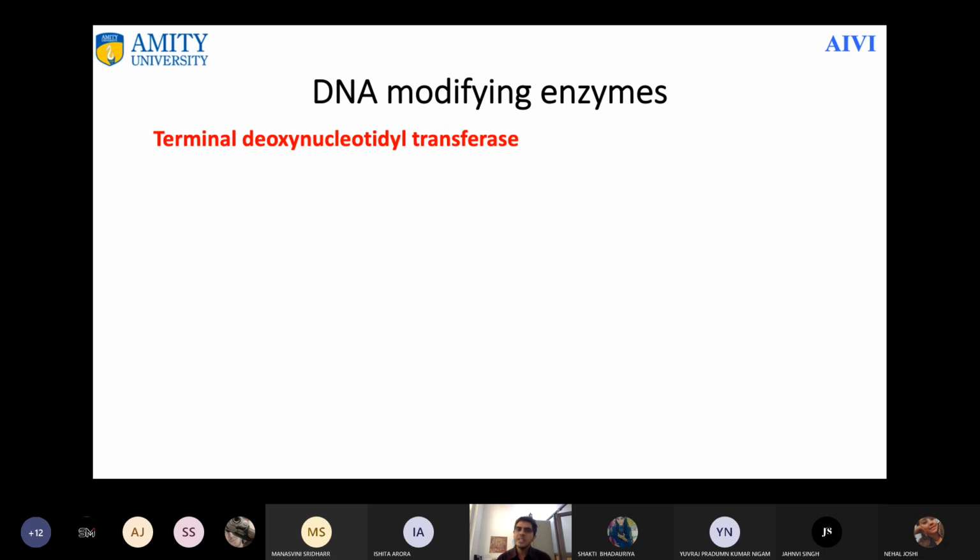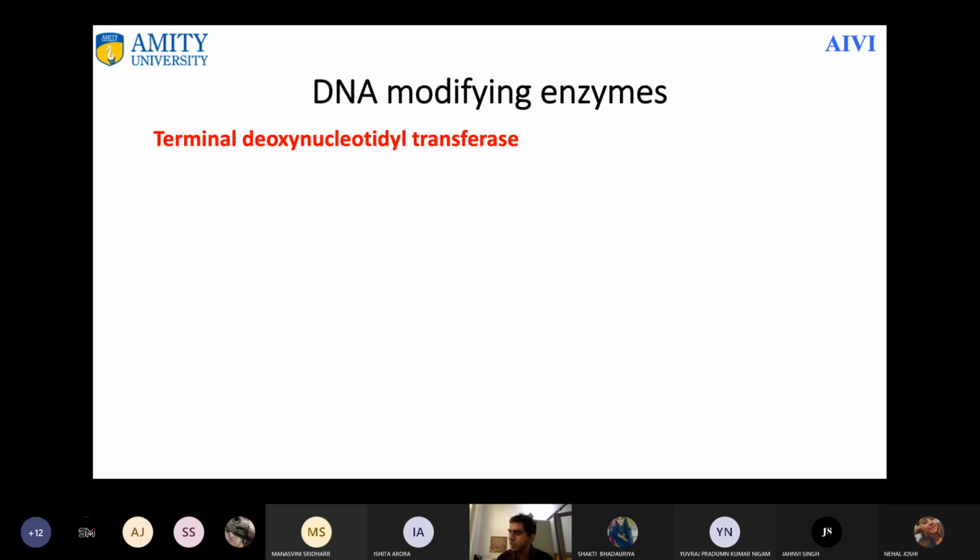The next enzyme for modification is called the terminal deoxynucleotidyl transferase. If you read the name, one part is terminal. In your DNA, there are two termini: one is the 5' terminus, and the second is the 3' terminus. At those termini, what are we going to do?